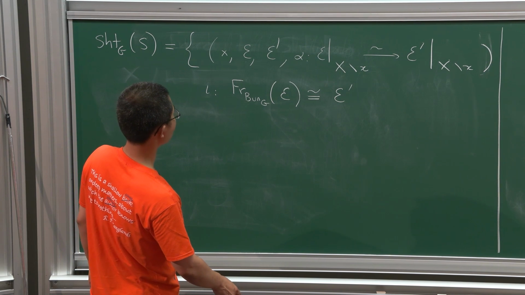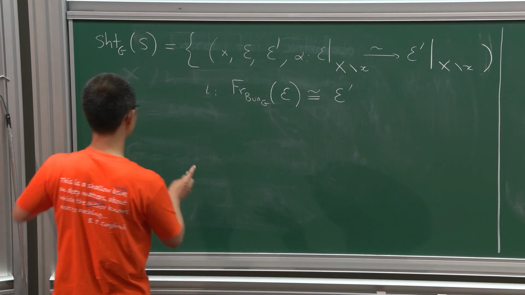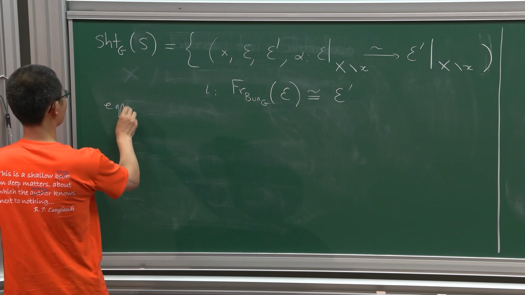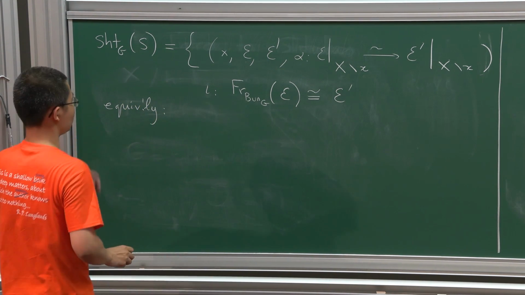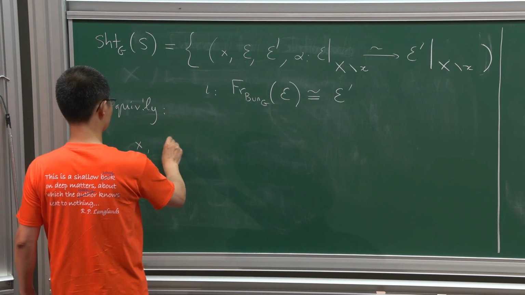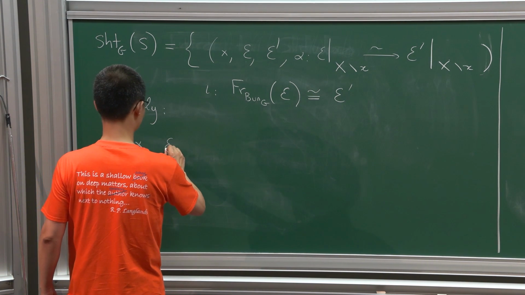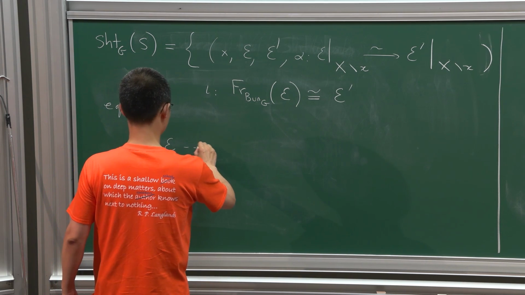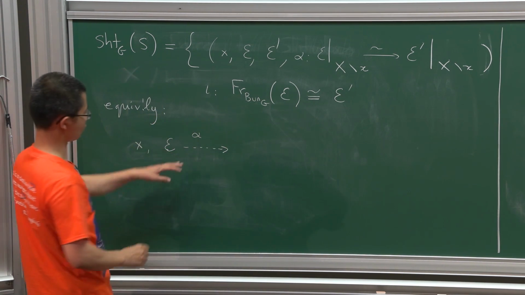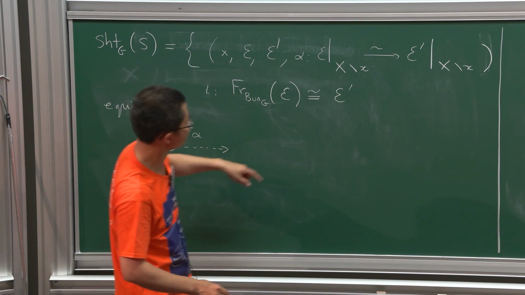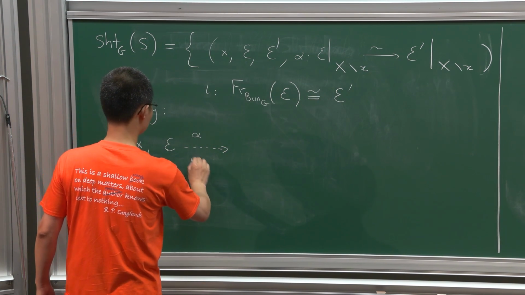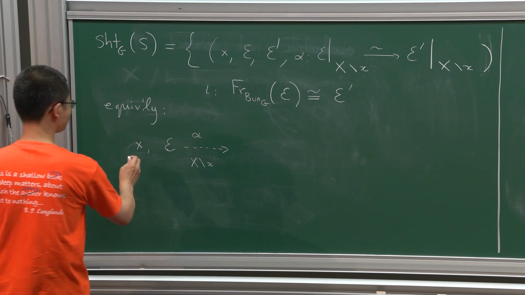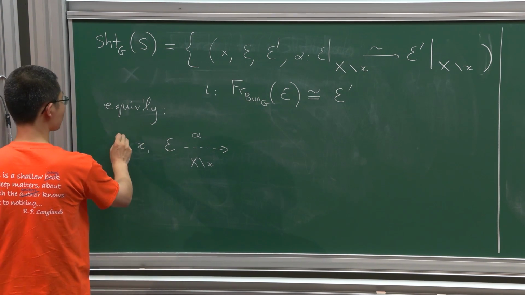Now, usually we write it in a slightly different way. Equivalently, we like to write it as the following diagram. Alpha is, so this dash arrow means it's not defined everywhere. This is away from a point, a small x.